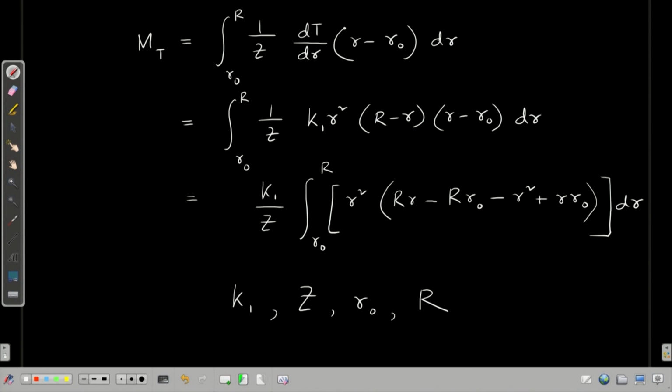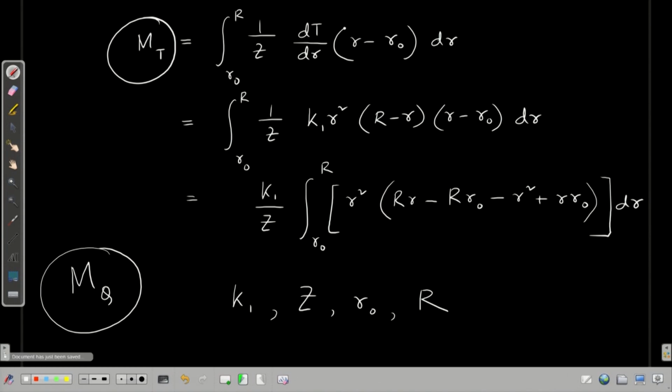All these terms are now known because we have already evaluated the value of constants. So, in this fashion we should be able to calculate the value of the bending moment due to thrust, and similarly the value of the bending moment due to torque MQ can be calculated by writing the torque equation.